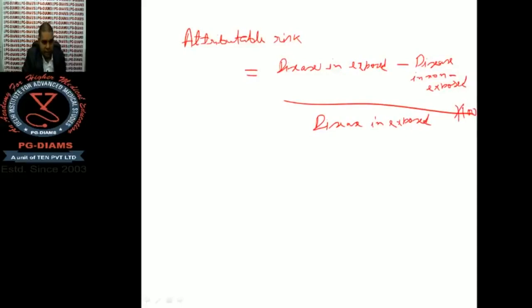Just now we understood with the example of drink and driving that disease in exposed means the total number of drinkers and drivers who developed accident. Accident was the disease and exposure was drinking alcohol. So that was 20 here.